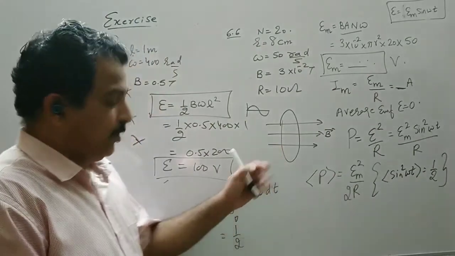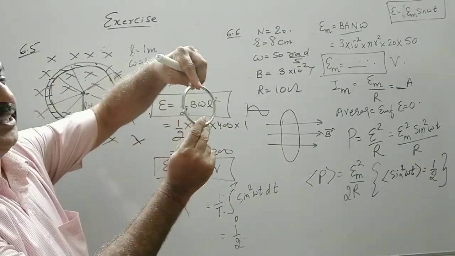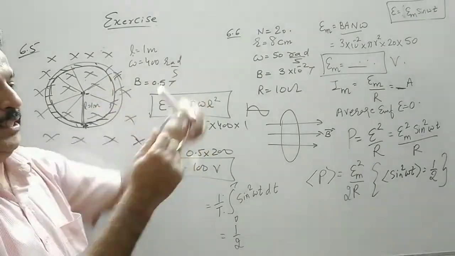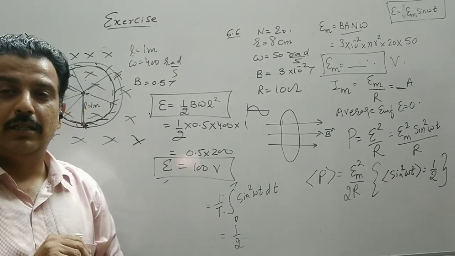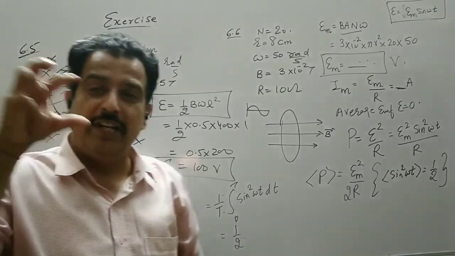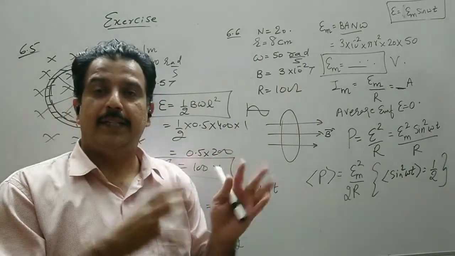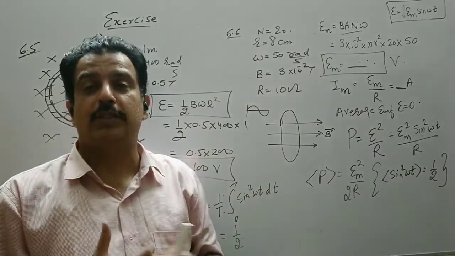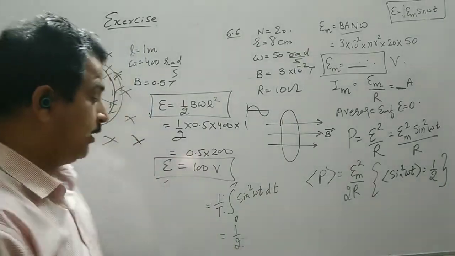And as soon as this coil starts rotating, the magnetic flux changes. So the EMF is induced in such a way that it opposes the change. So whatever mechanical work we do, the induced EMF will oppose the change. And that is the loss in the circuit.